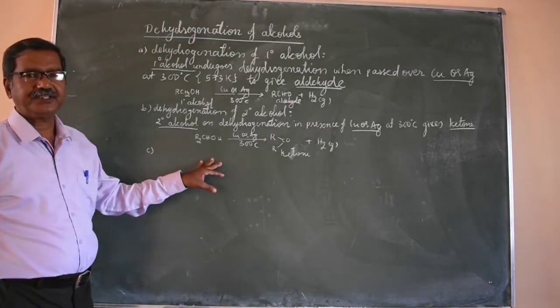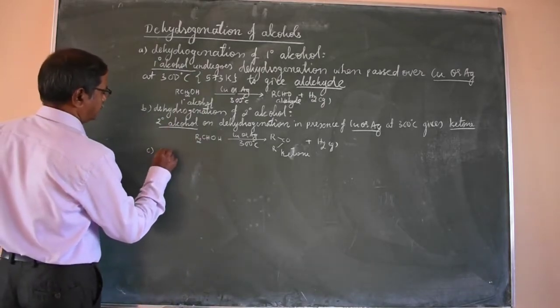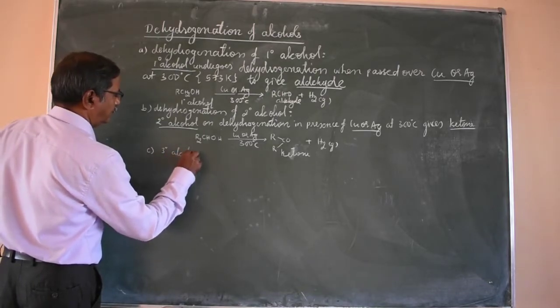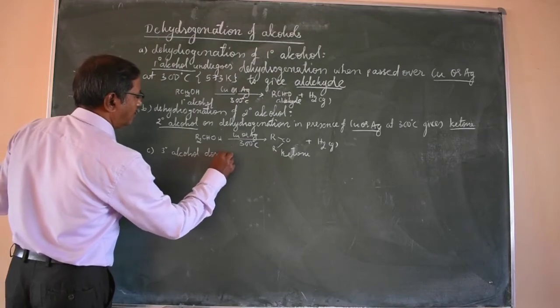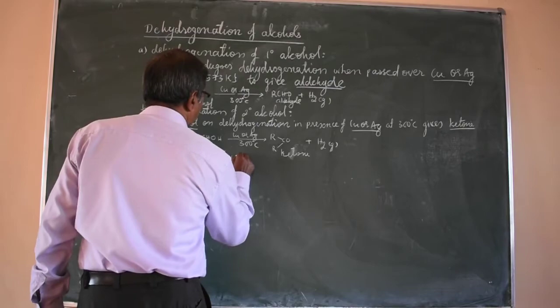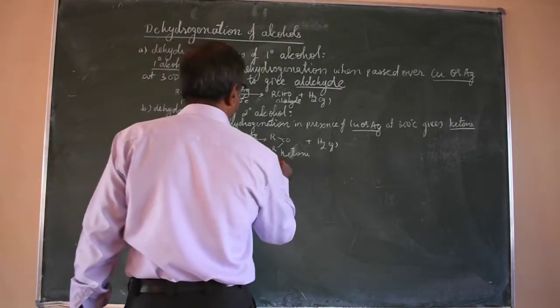Instead of dehydrogenation, it undergoes dehydration. So 3 degree alcohol does not undergo dehydrogenation.